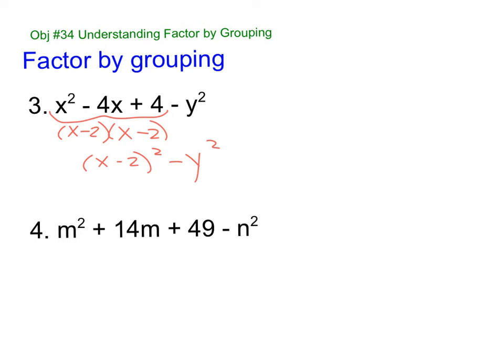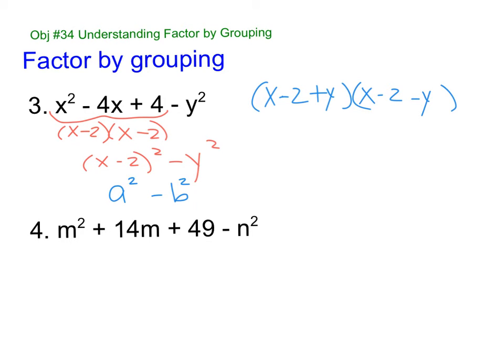So imagine x minus 2, that's our a, and y is our b. So a plus b, a minus b. So what times itself is x minus 2 squared, x minus 2 times x minus 2, plus y, minus y. Right. Number 4 is the same thing.